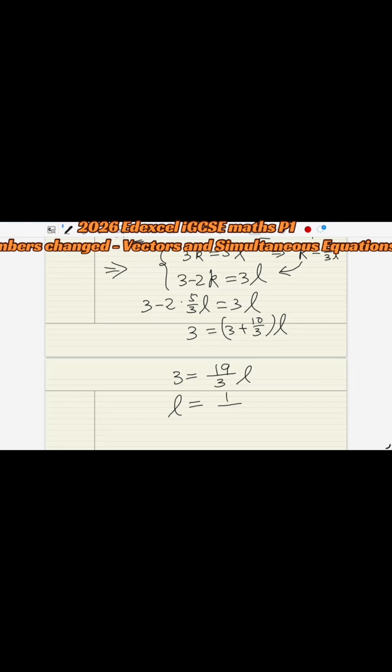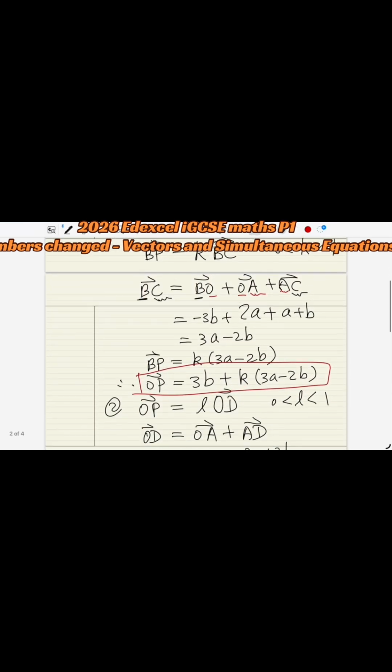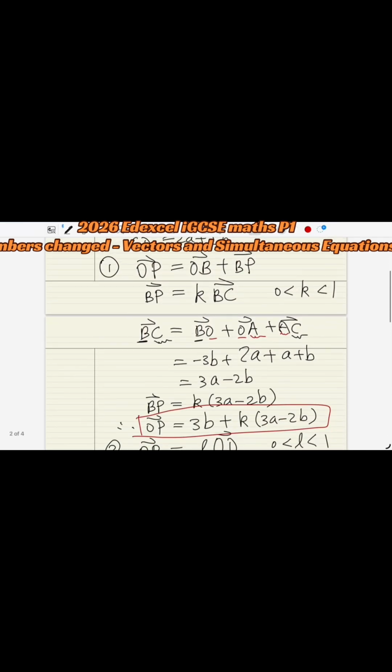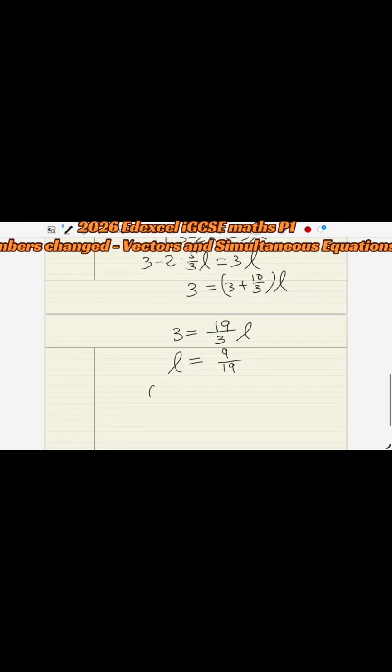That is 9 over 19. So that is our l. Remember, l is the ratio of OP to the entire OD. Therefore, the ratio between OP and PD can be easily figured out as 9 to 10.